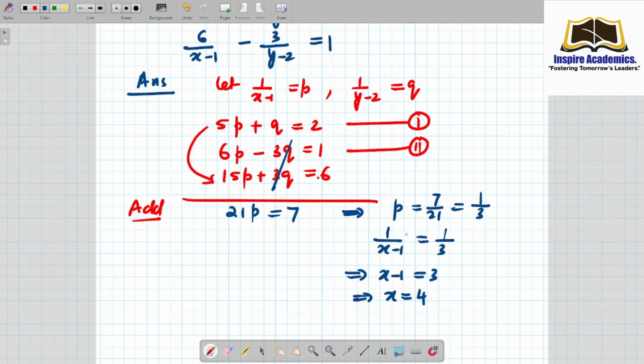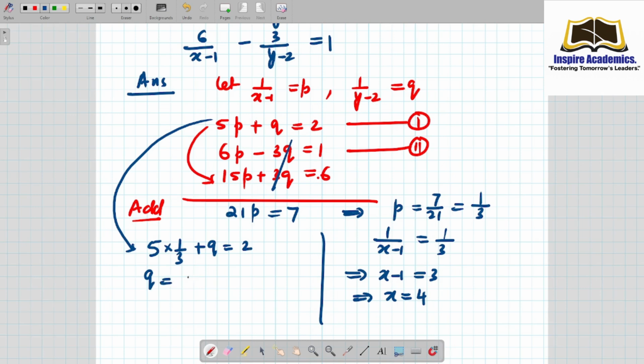Similarly, the value of p can be put in any one of these equations. Here we can put it in this equation itself. So 5 times 1 upon 3 plus q is equal to 2. So what is my value of q? 2 minus 5 upon 3, which is nothing but 6 minus 5 upon 3, which is 1 upon 3.